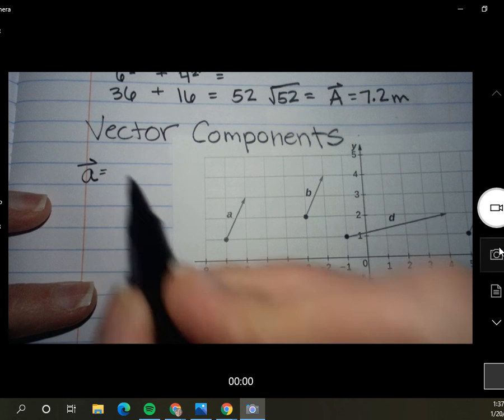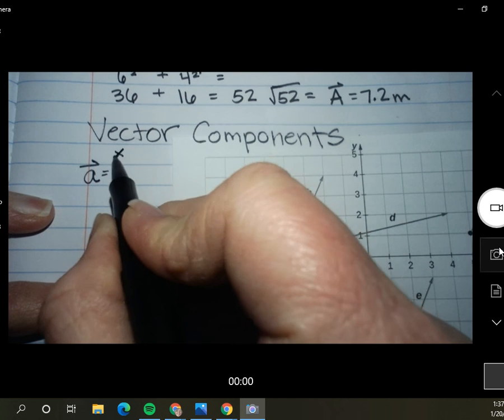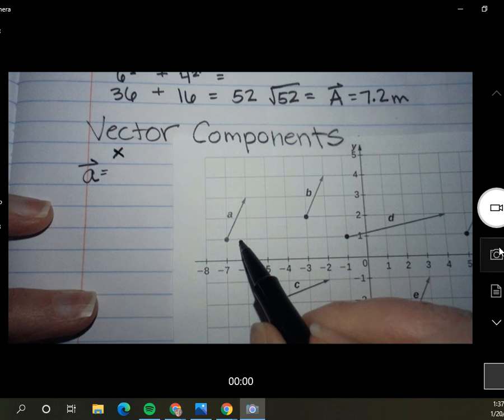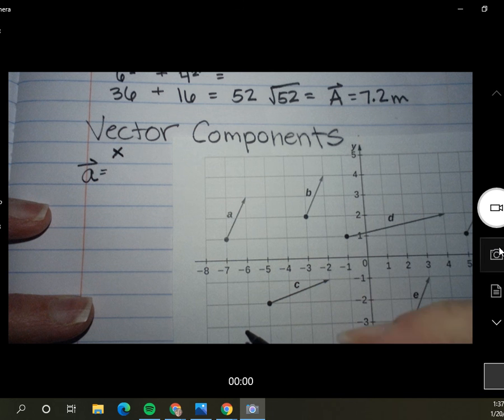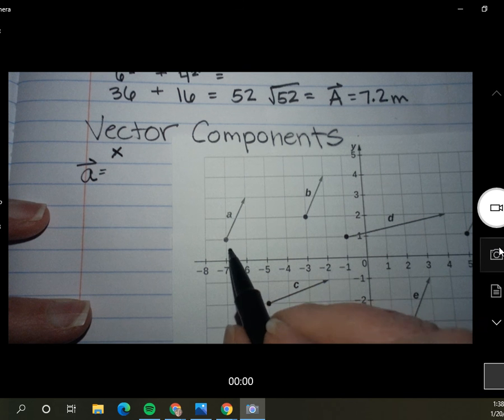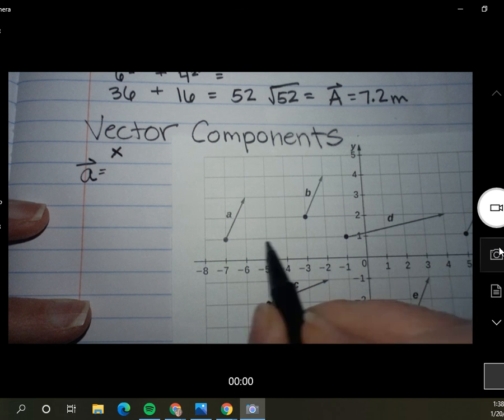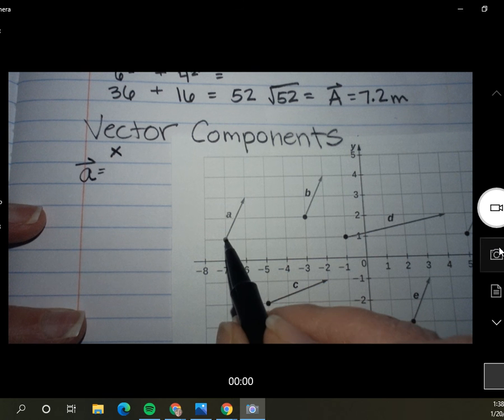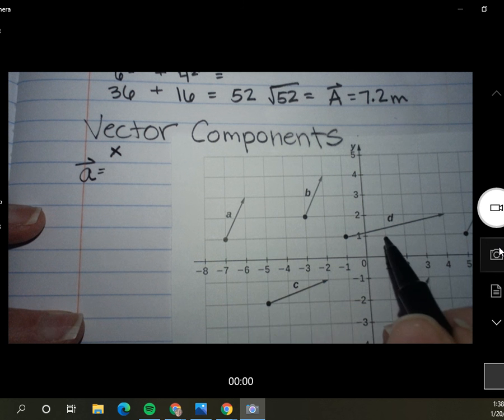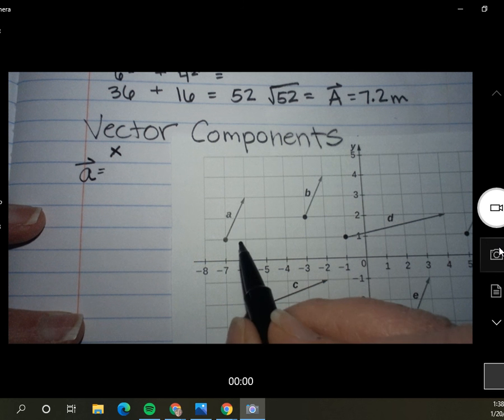What is the A sub x for this vector? So what is the horizontal length of this vector? Just one. Because if I come all the way back, it starts at -7 and goes to -6. But is it 7 whatever units long? No, it's only 1 unit long.